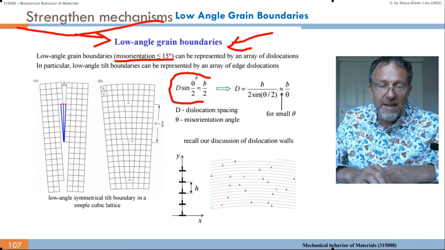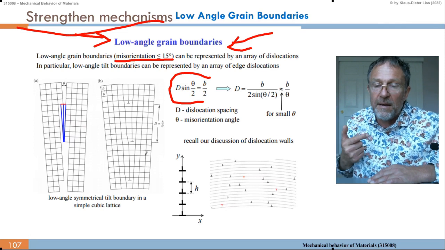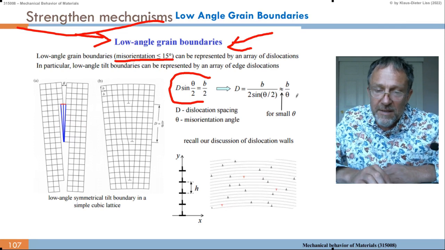If theta is small, then sine of theta half is just theta half for small theta, and the distance between dislocations becomes b over theta, sorry, not b half, b over theta.